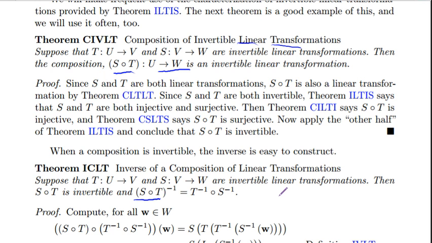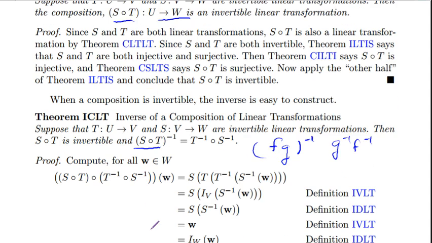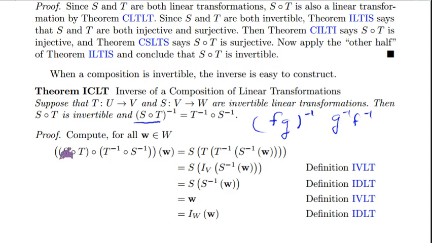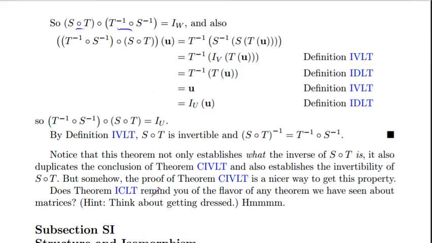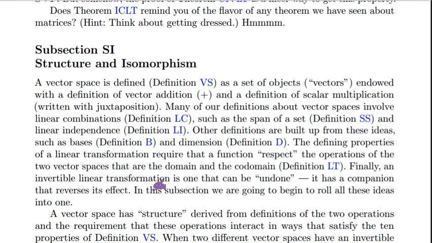Now you may have seen that in regular functions, the inverse of fg is g inverse f inverse. It's the same sort of thing. It's the very same proof. You can prove that this function T inverse S inverse works as the inverse for S composed T on the right and on the left. You have to try it on the right and on the left to show that it is in fact the inverse. All right, so let's stop here for this one.